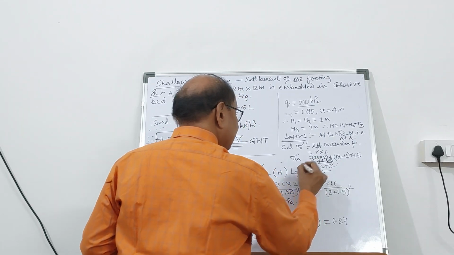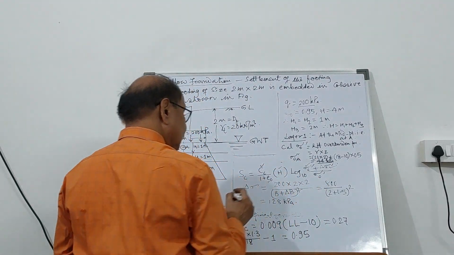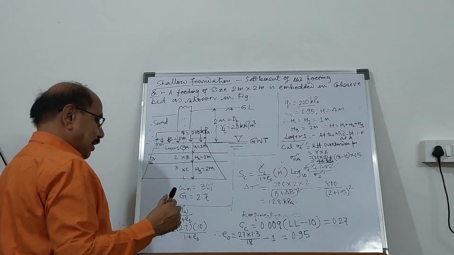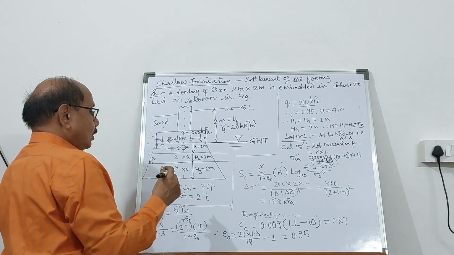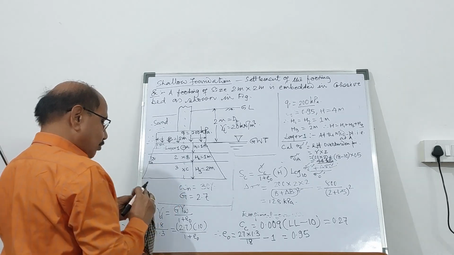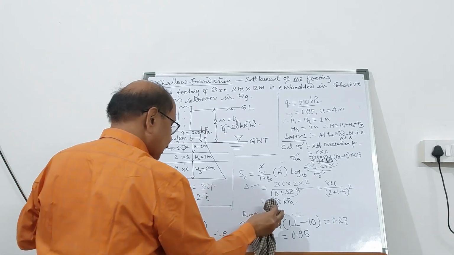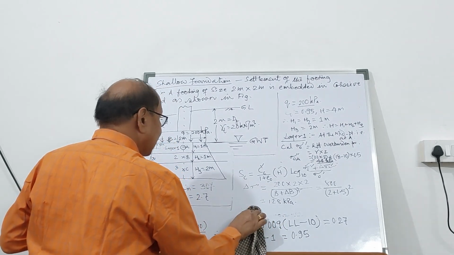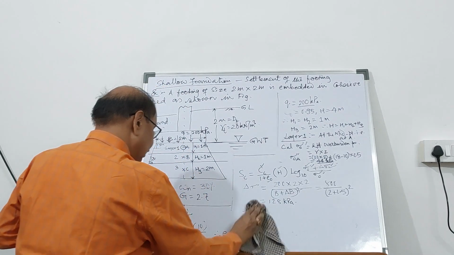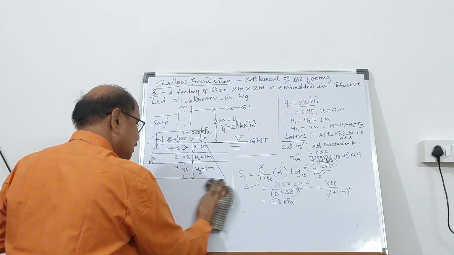I have got this also. I know H1. Therefore, you can compute the consolidation settlement for layer 1. So if you substitute the values and calculate, then the values will be like this.